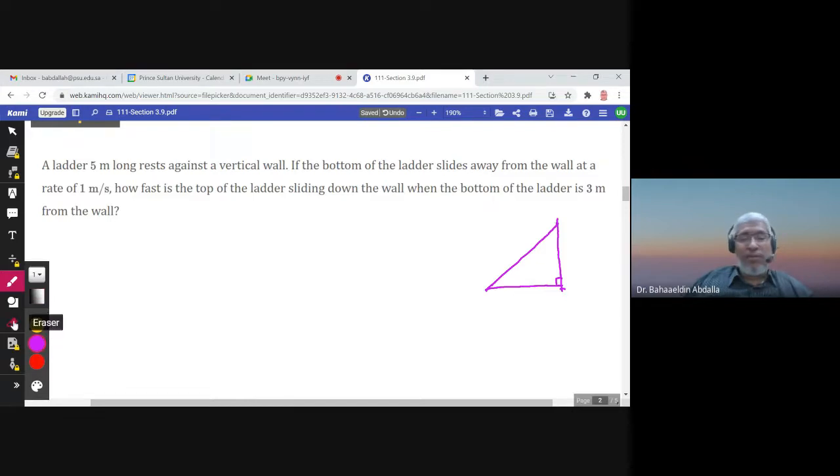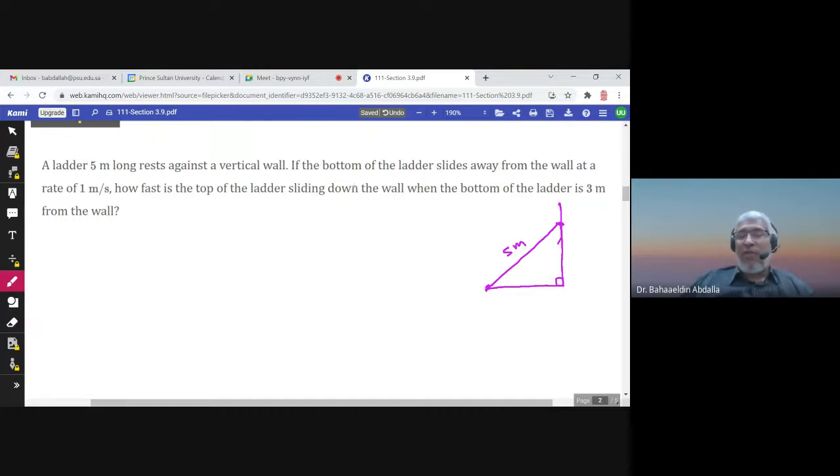Okay, this is the wall, this is the top of the ladder, this is the bottom of the ladder. The ladder is 5 meter long, so the length of the ladder is 5 meter. Rests against a vertical wall.